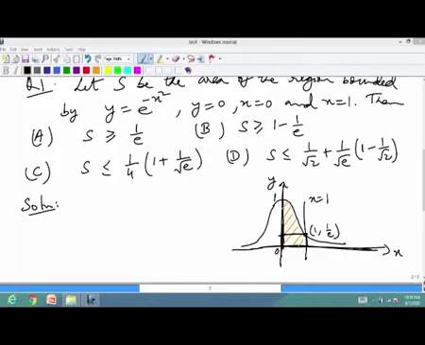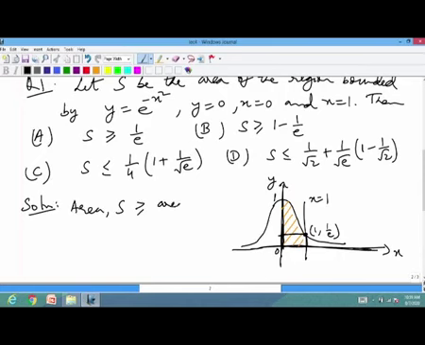So, S is bigger than equal to the area of rectangle.